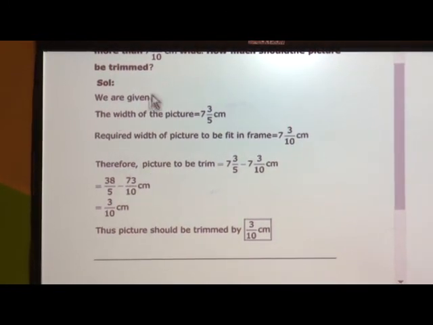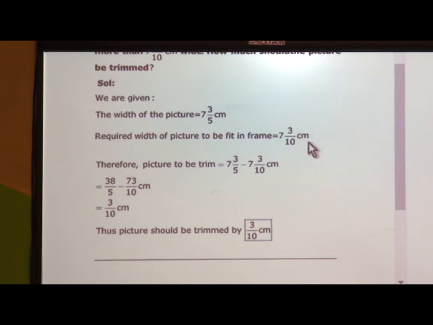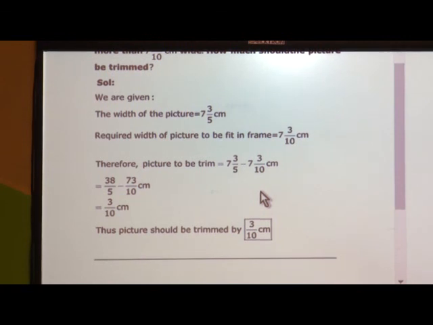What is given? First we have to write the width of the picture, given to you as 7 whole 3 upon 5 centimeter. The required width of the picture to fit is 7 whole 3 upon 10 centimeter. Therefore, the picture to be trimmed means you have to cut it and fix it in that frame. Trim means cutting, cutting means removing, removing means difference.